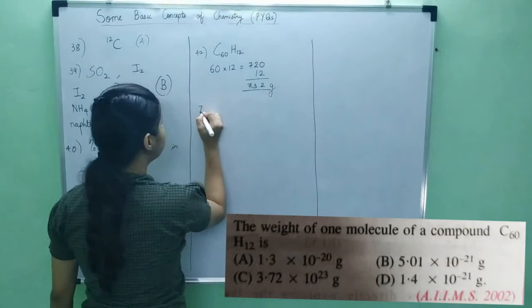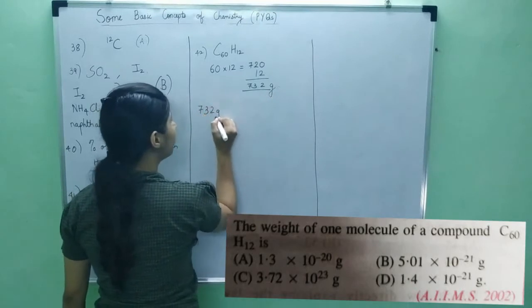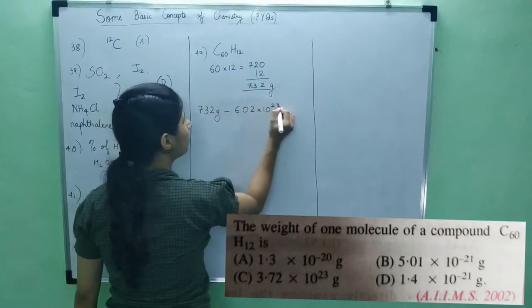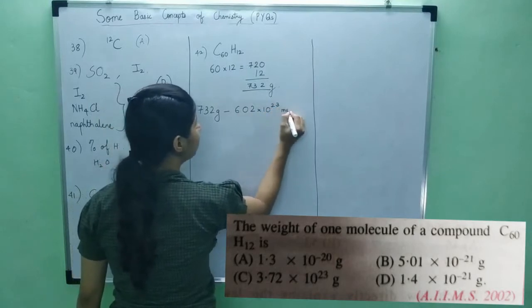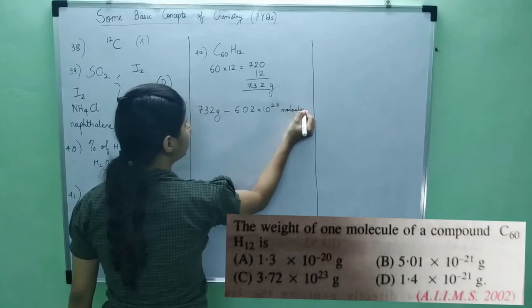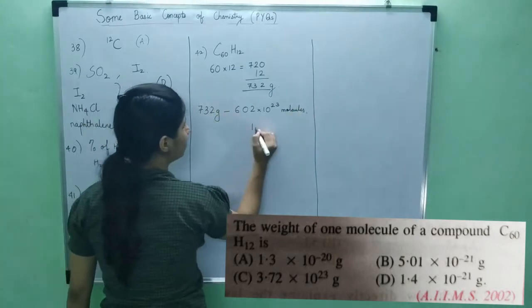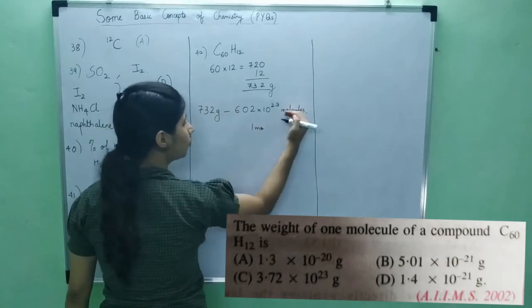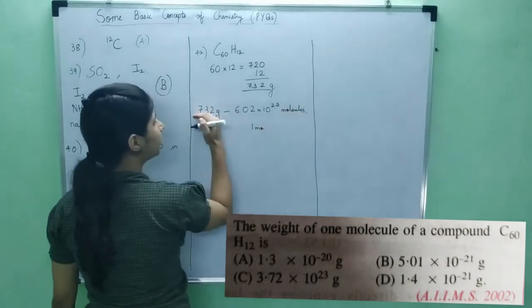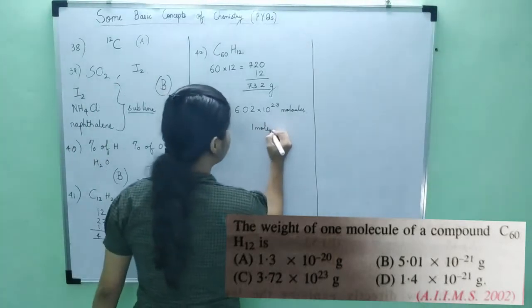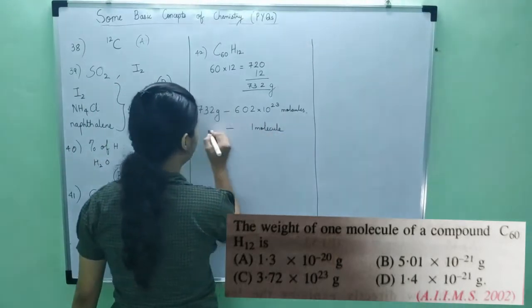But 732 grams is the weight of Avogadro number of molecules, I would say. So what would be the weight of one molecule? I have to substitute here. When it comes to molecule, write the molecule here. When it comes to weight, write weight below it. So don't shuffle it. This is a rule for cross multiplication.